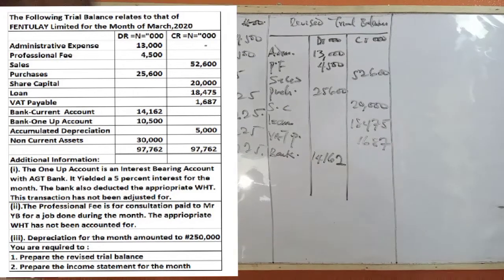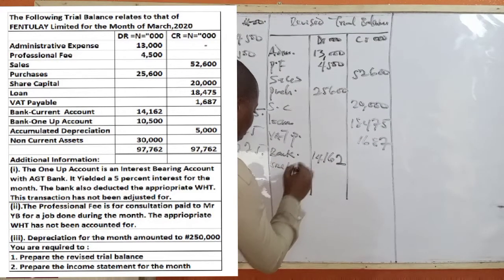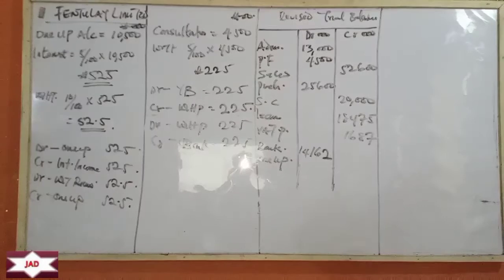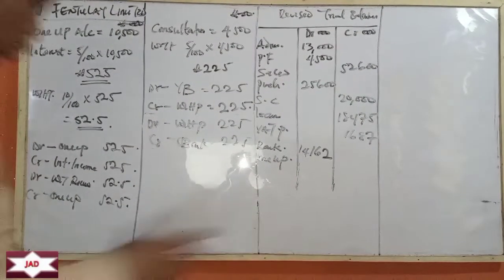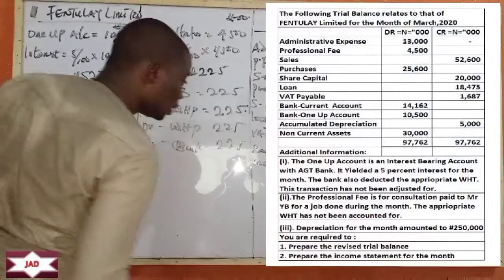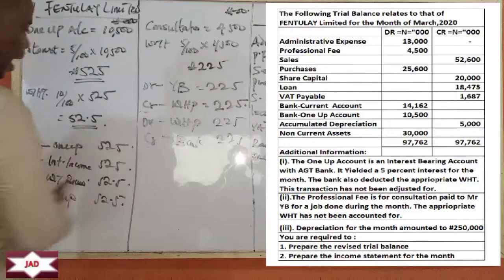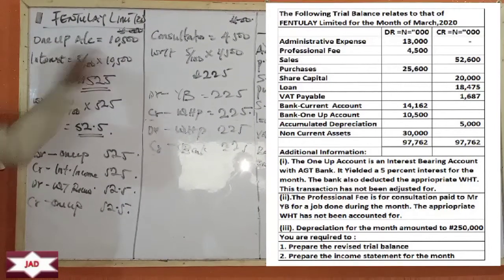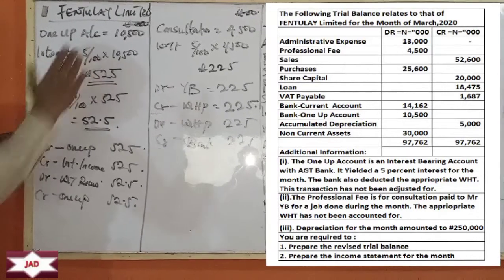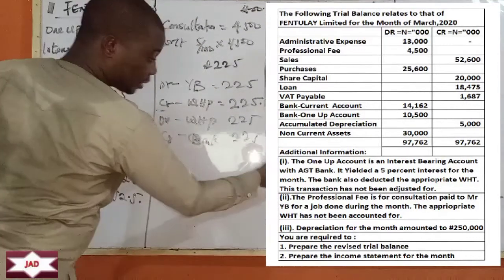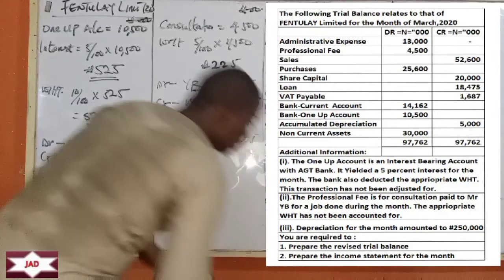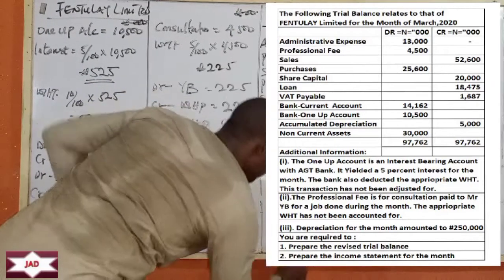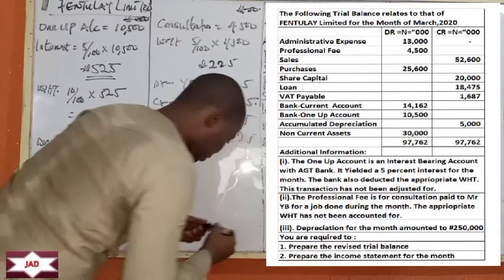What's the next one there? One up will change. So like I said, one up changed, and then of course these journals here will have, we had interest came into the account, and then withholding tax went out, so we have to make it reflect in the balance.